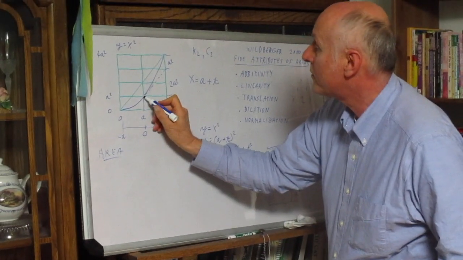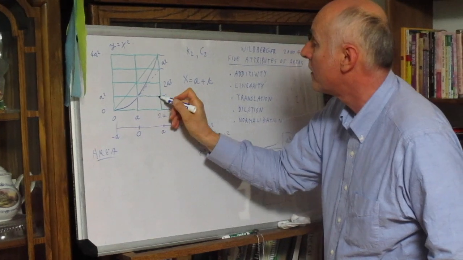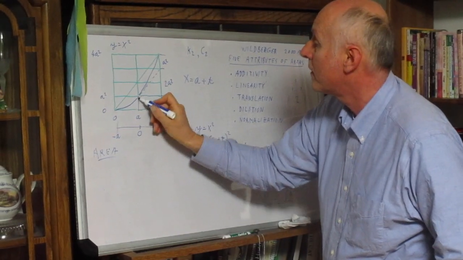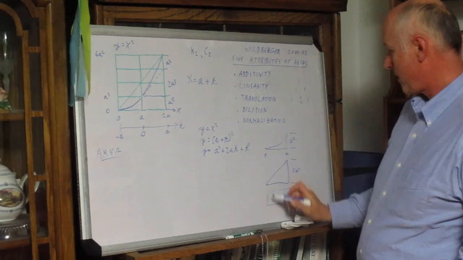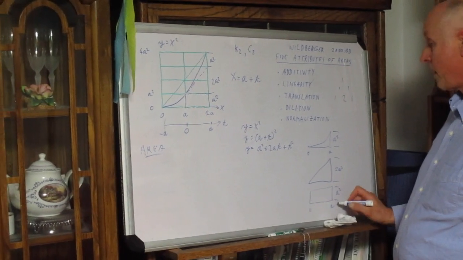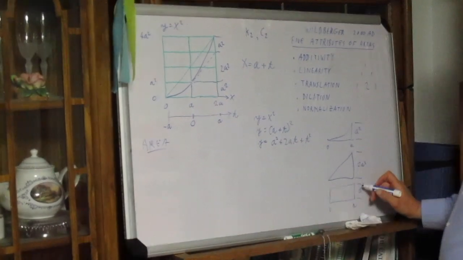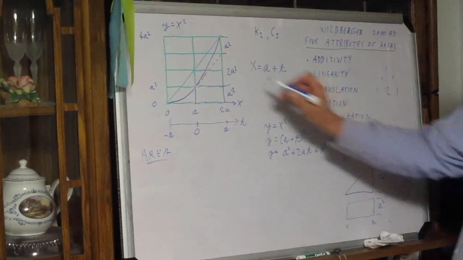That's our constant term, right here. We're going from 0 to a, and we're working on the t-axis. So that's just a rectangle. That's this one here.